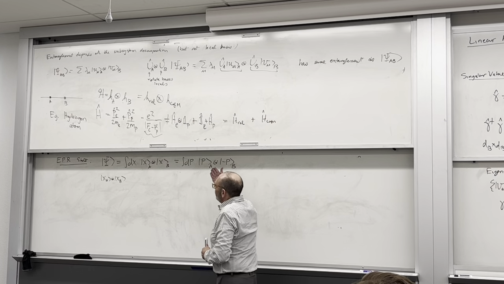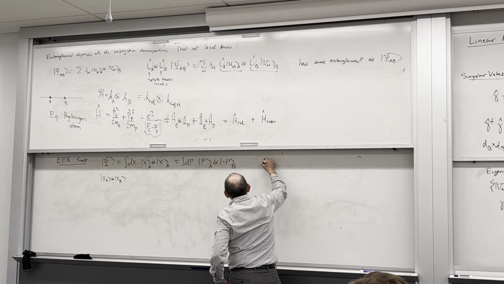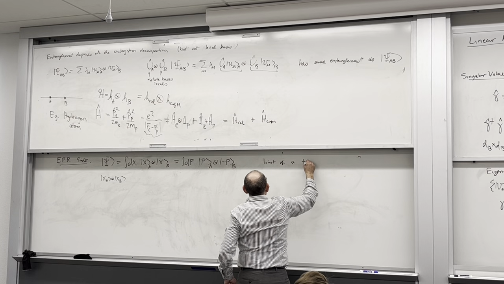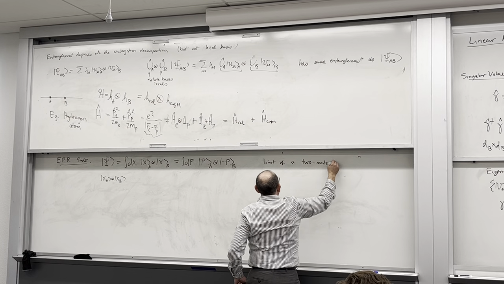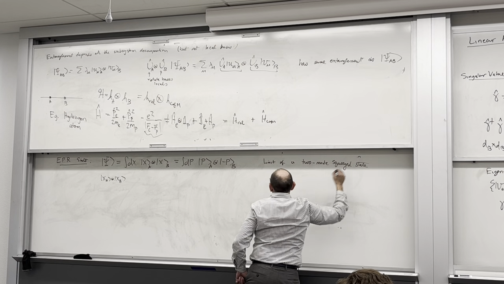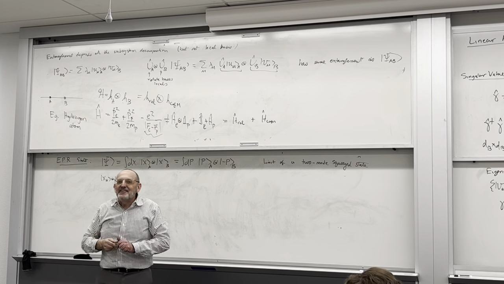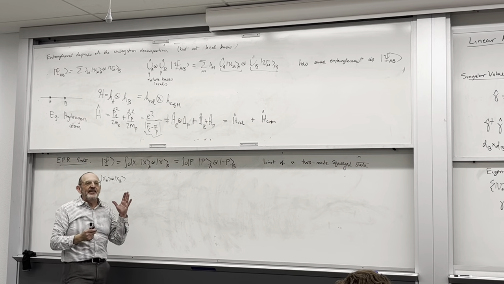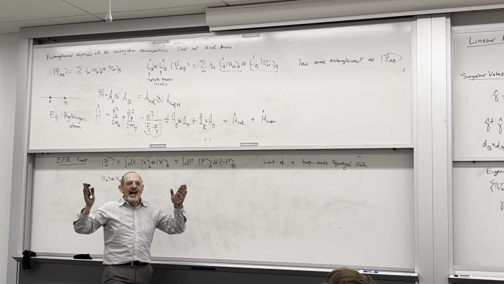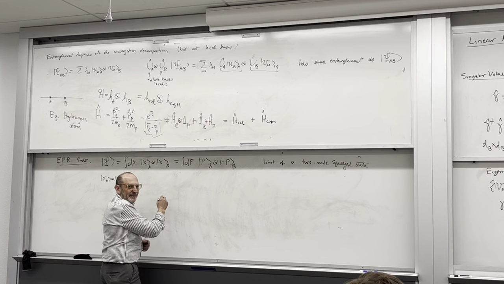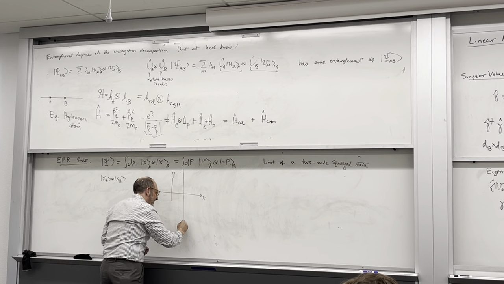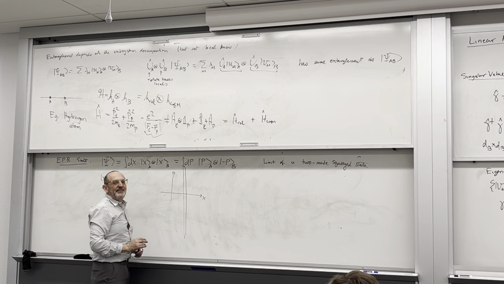However, I can think about this. This is actually, as we're going to see, the limit of a two-mode squeezed state. That's to say, I can think about, in the same way that I think about position eigenstates, as the limit of infinite squeezing. So I take X and P, and this is a squeezed state.